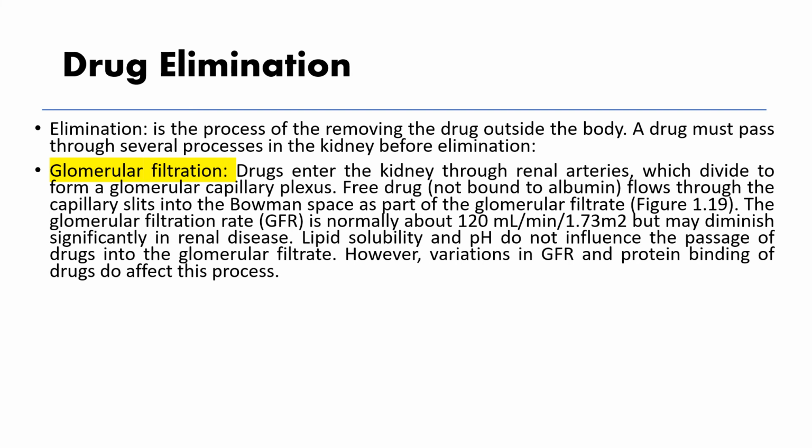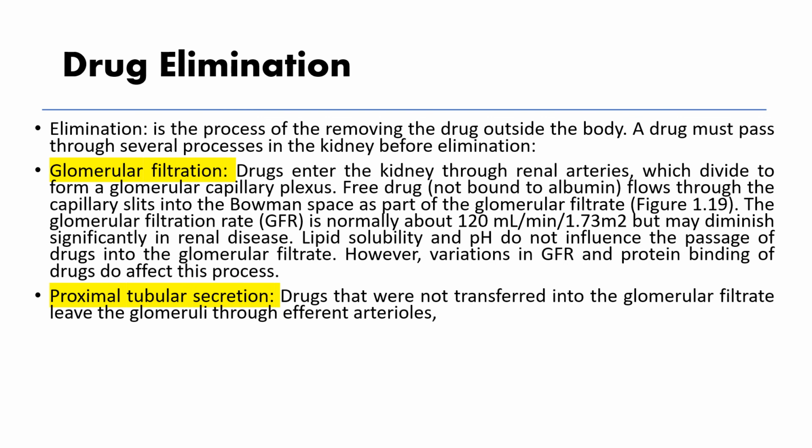Free drug flows through the capillary slits into Bowman's space as part of the glomerular filtrate. The GFR is normally about 120 ml per minute but may diminish significantly in renal disease. Lipid solubility and pH do not influence the passage of drug into the glomerular filtrate. However, variation in GFR and protein binding of drug do affect this process.